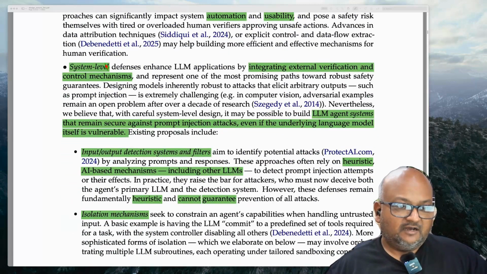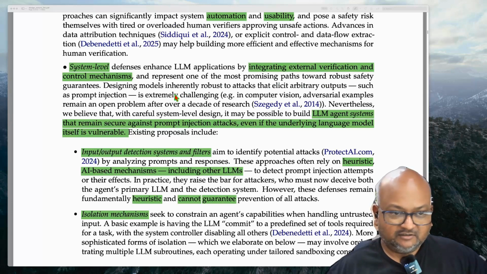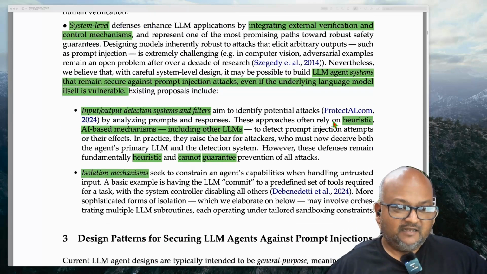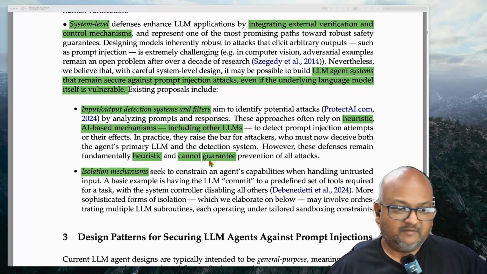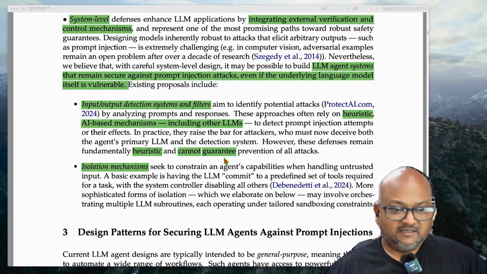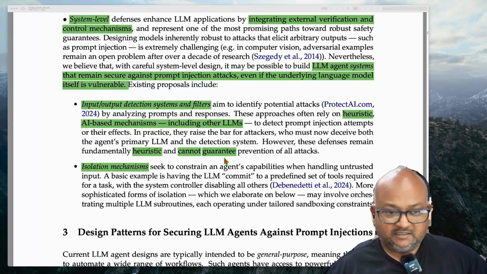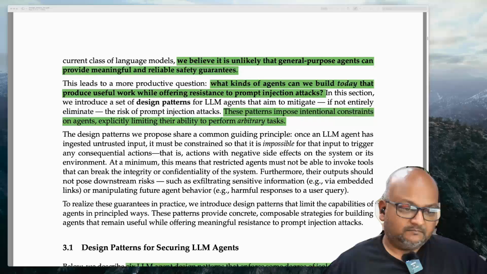And finally, you have system-level defenses where you try to integrate some verification or control mechanisms, again using some sort of heuristic or more LLM prompting. And this still doesn't absolutely guarantee that the system is 100% secure.